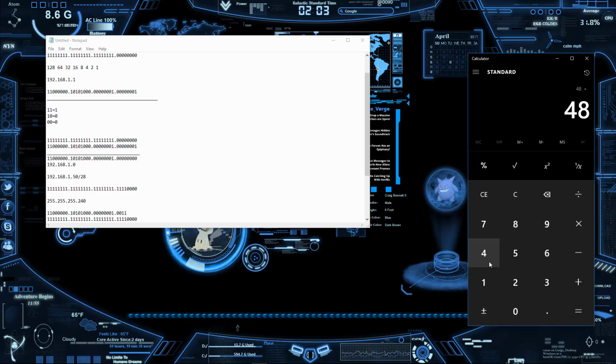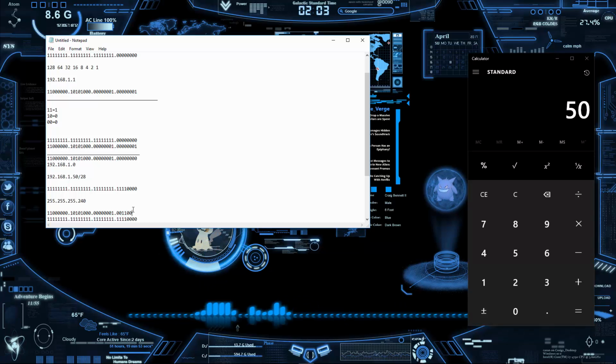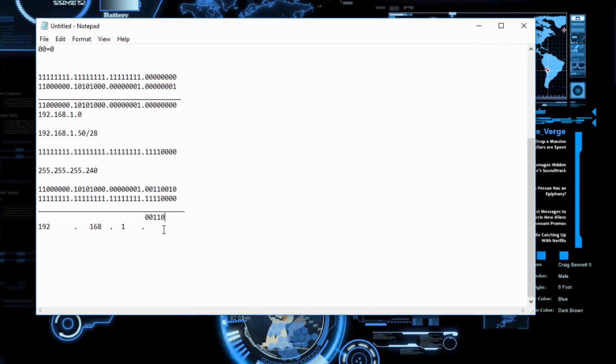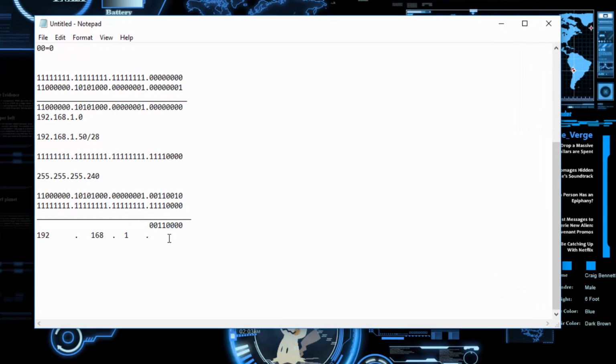Plus 4, that won't fit. Plus 2, and now it will be 50. So 1, 2, 3, 4. All right, and in binary that will be 0, 0, 1, 1, 0, 0, 1, 0.